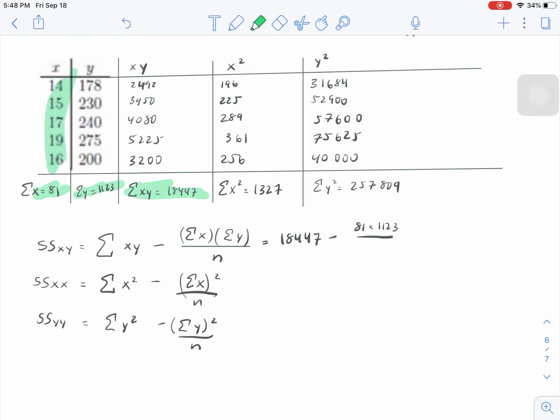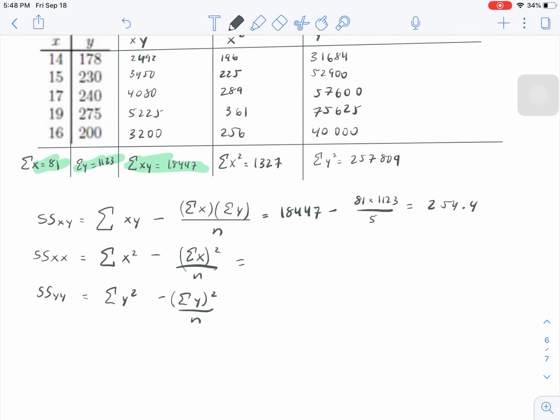There are only 5 houses, 5 rows. I have 5 pairs here, right? So that is divided by 5. If you plug this into your calculator, you should get 254.4.